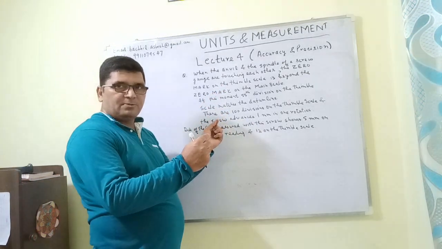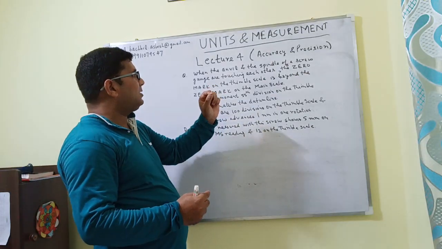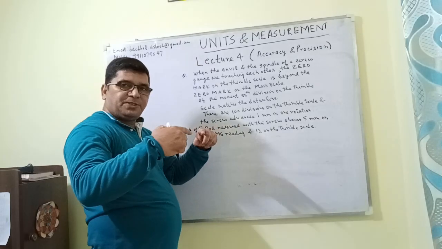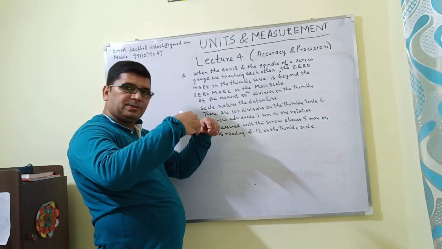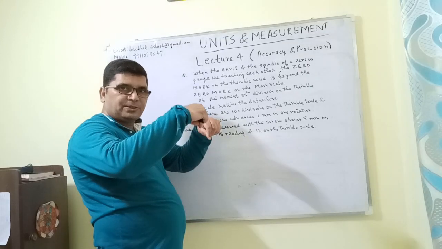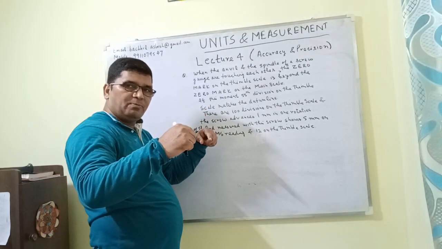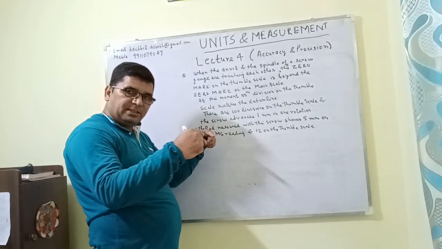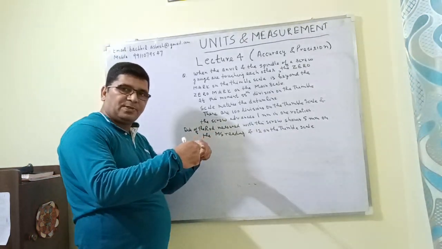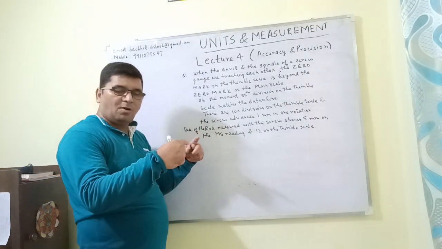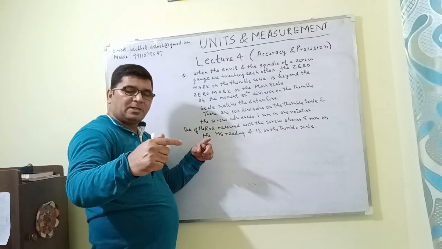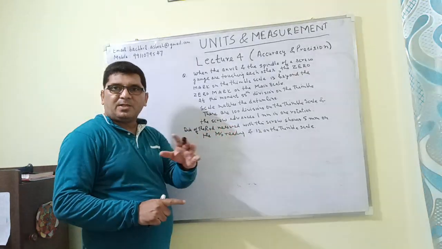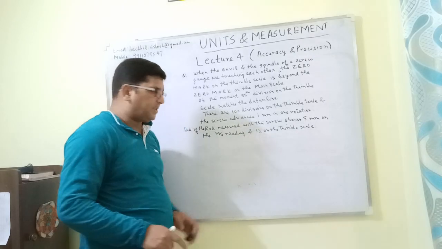At one side of the U frame you will find a small stud which is called the anvil. The object whose linear dimension is to be measured is inserted between the spindle and the anvil, and when we move the ratchet, the spindle moves forward, and as and when it comes in contact with the outer surface of that object, the ratchet becomes free.